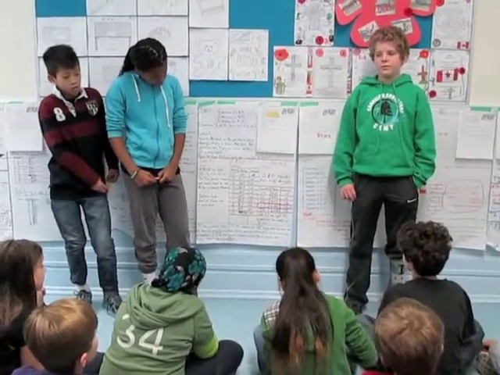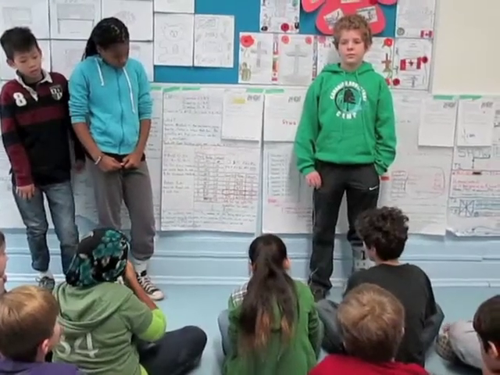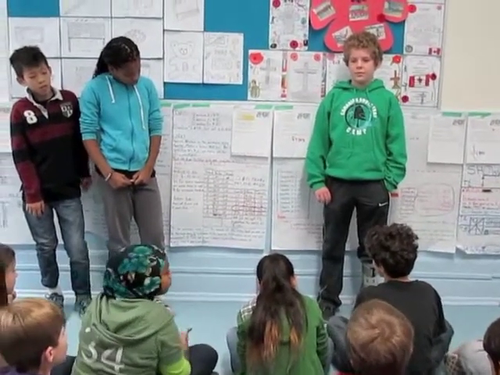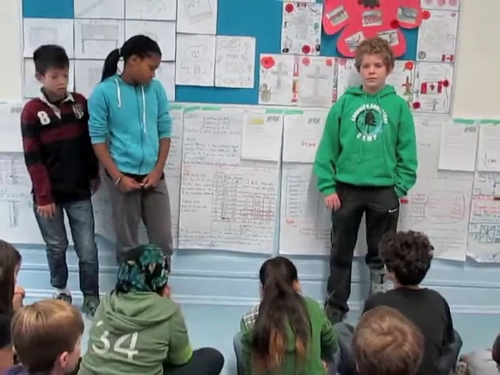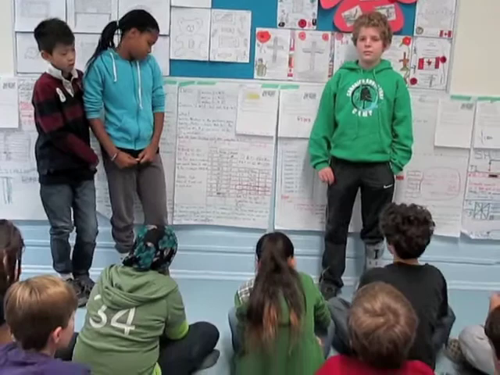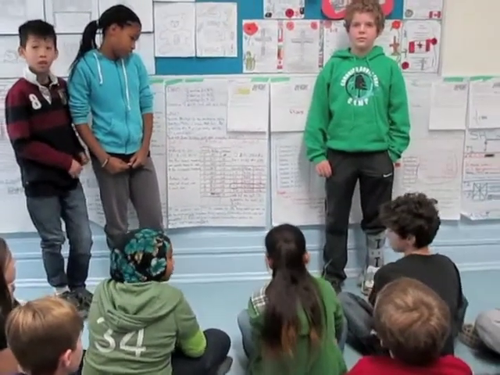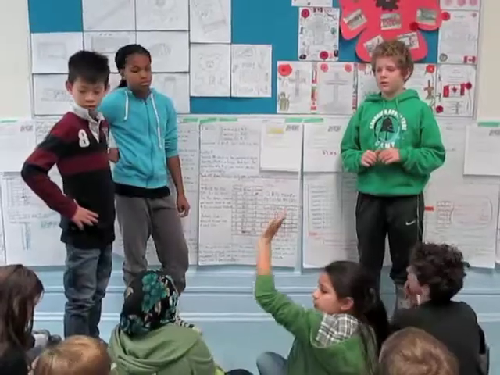Then he gets $12 in total, so he won another $8. So the second term is $8. And the last term, he gets another $8 to add up to 20. So what we thought the pattern was it adds 4, then 8, and then another 8, and then 4 again, and then 8, and then another 8.